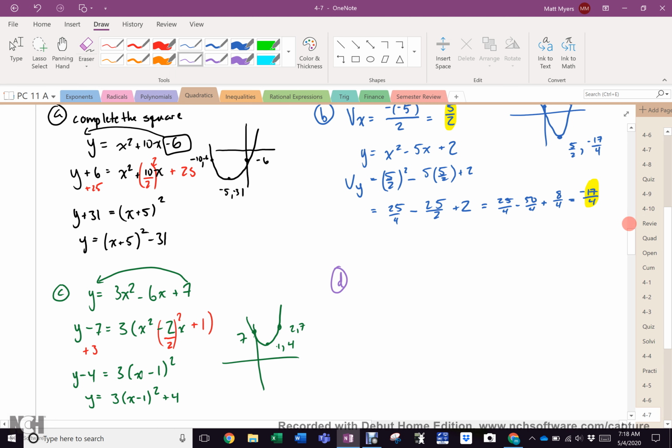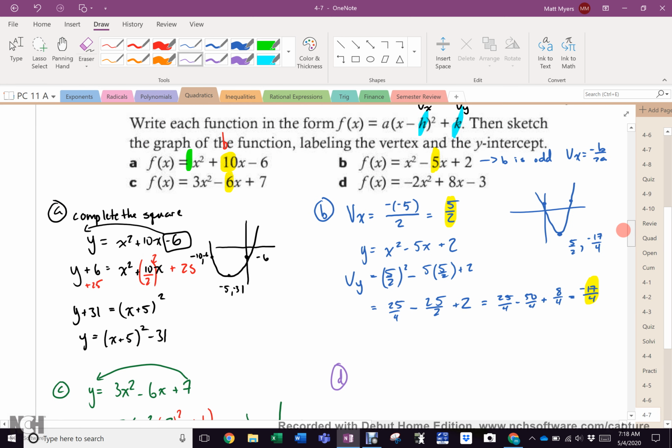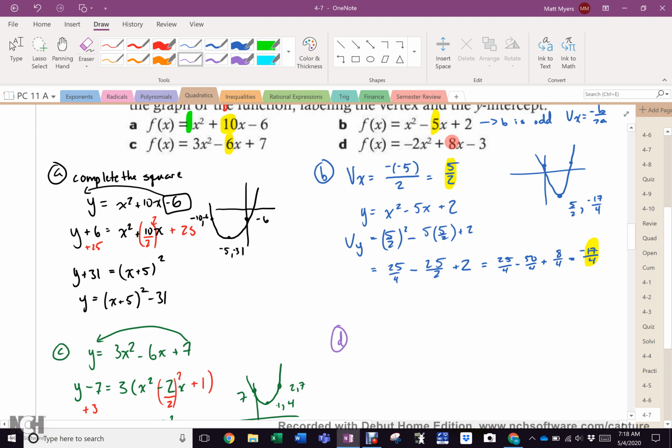Now, I said I'd do the other trick with this one. Even though that's even and this factors, I just want to use this one more time so you see it in action. You never have to use it, but a lot of kids don't like completing the square, and they like this. So I'm showing you both. You choose.